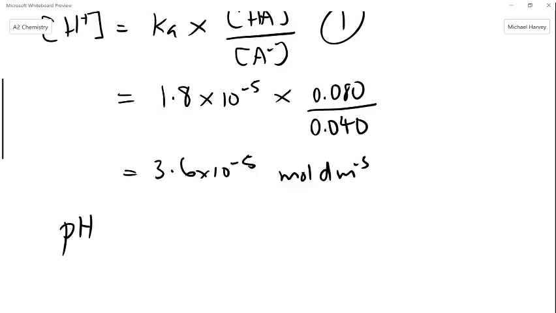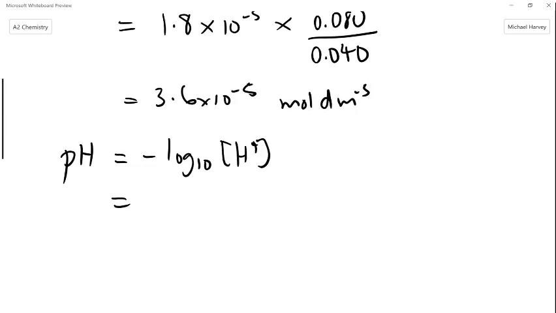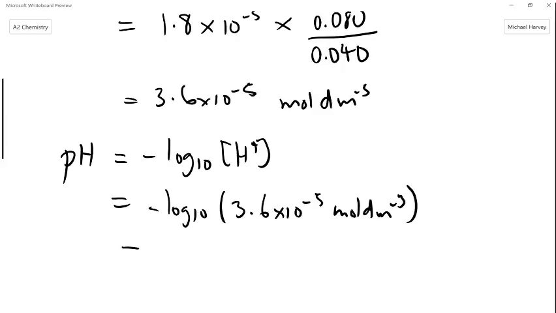Great. And then the final mark is going to be pH equals the negative log base 10 of the concentration of the H plus, which will equal negative log base 10 of 3.6 times 10 to the negative 5 moles per decimeters cubed, which will then give the answer we want, which is 4.44.